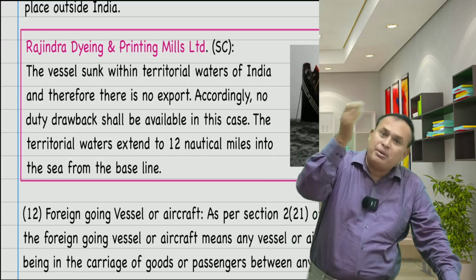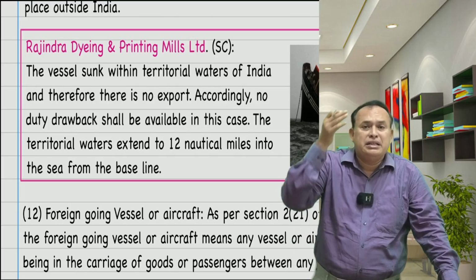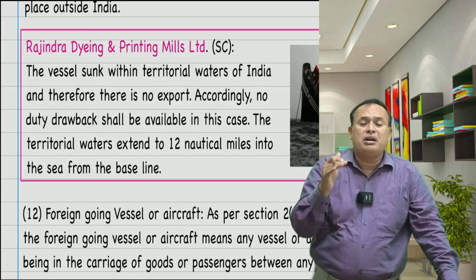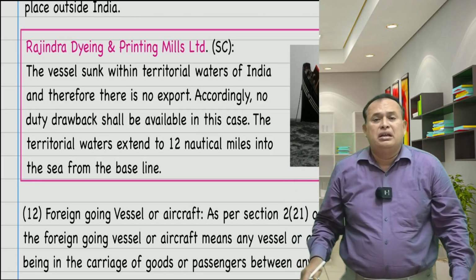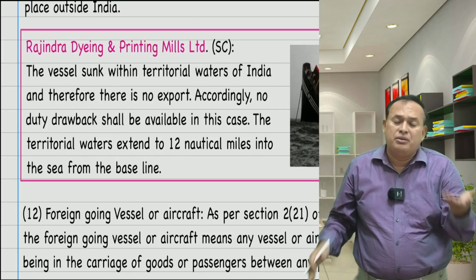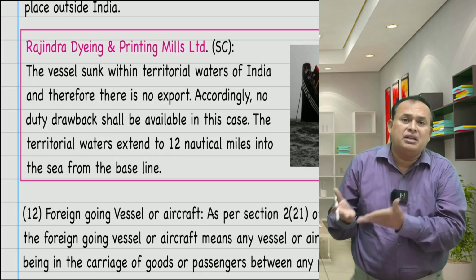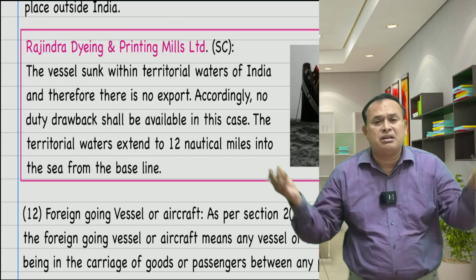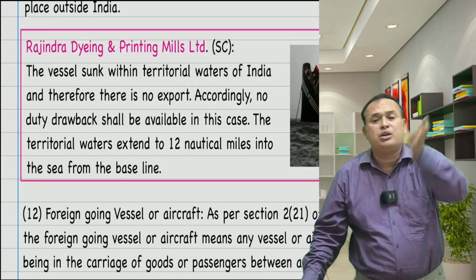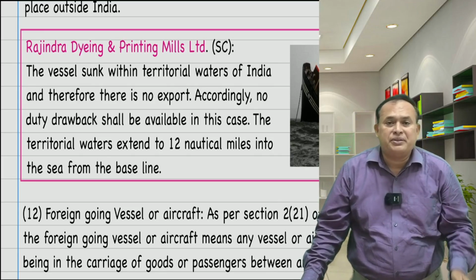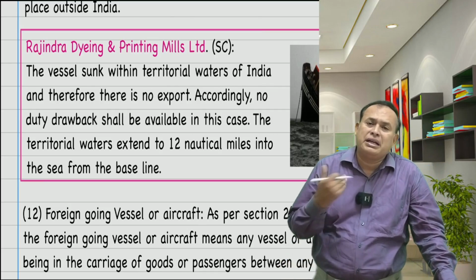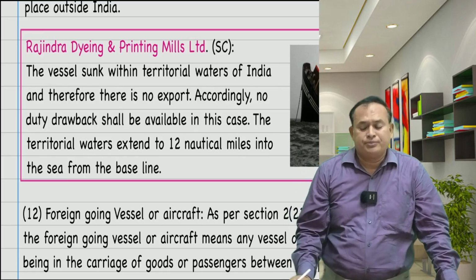It is not required to be returned if the export is covered under the ECGC and the Reserve Bank of India has written off the non-realization of the sale proceeds, and the concerned foreign country's embassy in India certifies that the fact has taken place, sunk into the water while sailing from India to USA, like that. If certification is given and the conditions are satisfied, one can claim duty drawback and is not required to return it, that is the meaning of it.